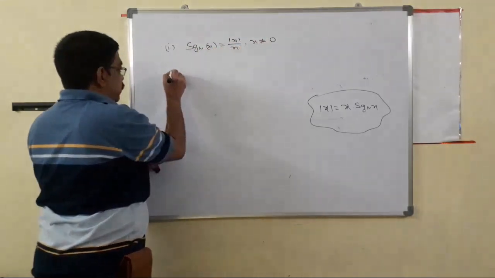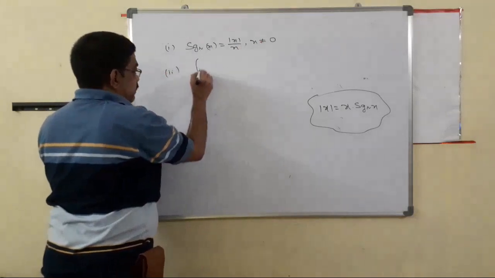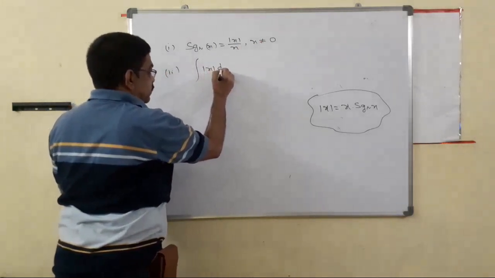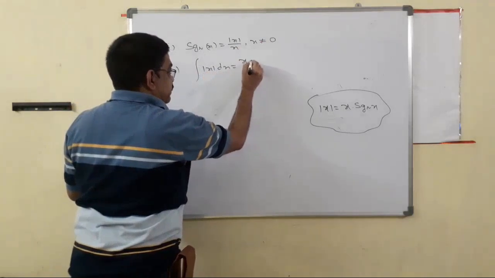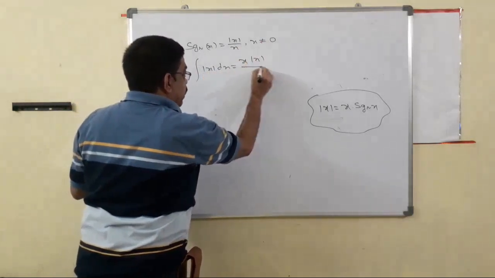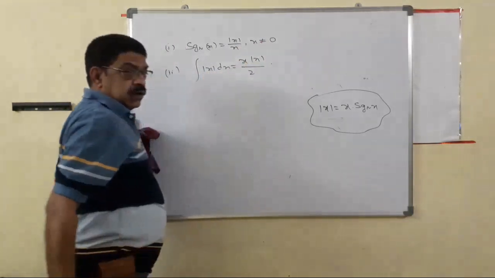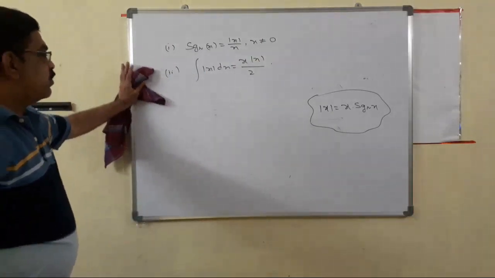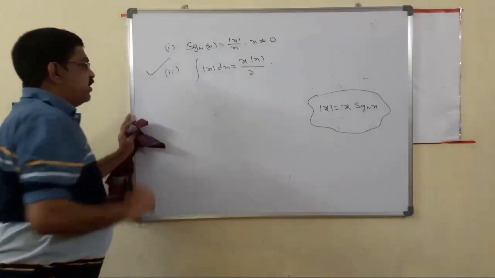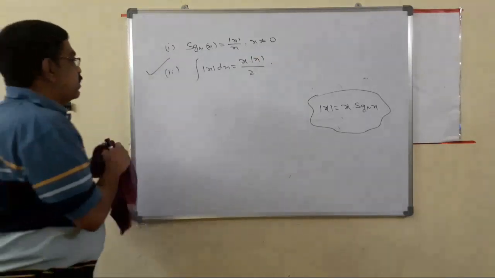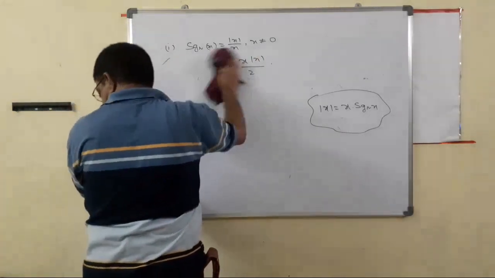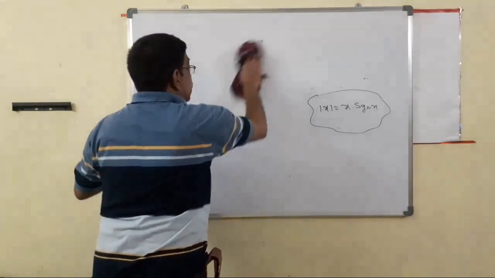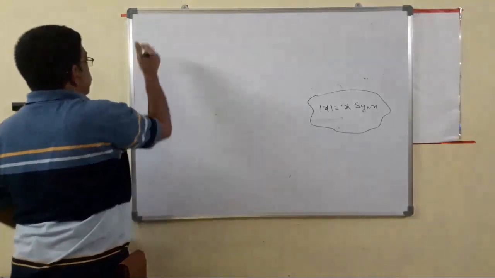And the second compact formula is that integral of mod x dx equals x into mod x upon 2. I'll let you use these definitions for evaluating integrals. We'll start with some simple example, and that is integral.